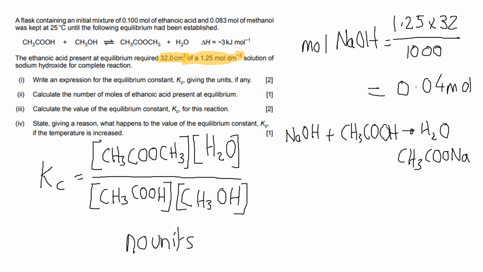So therefore, the moles of the sodium hydroxide must equal the moles of the ethanoic acid at equilibrium. So you must have 0.04 moles of ethanoic acid at equilibrium.